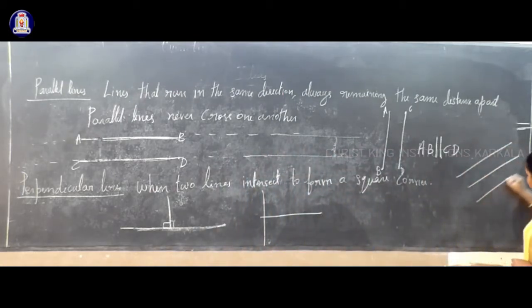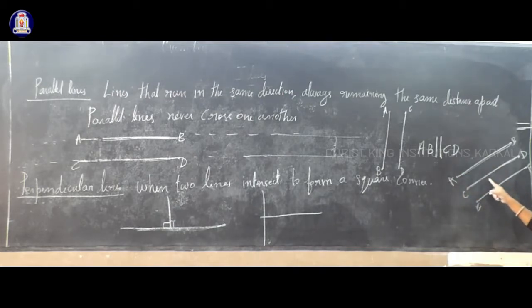If you want, you can draw one more, a third line. AB, CD, EF. These lines are parallel. This is A, this is B, this point is C, this point is D, this is E, and this point is F. My question: is AB parallel to CD? Yes.